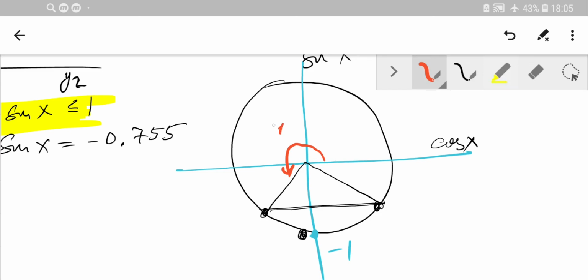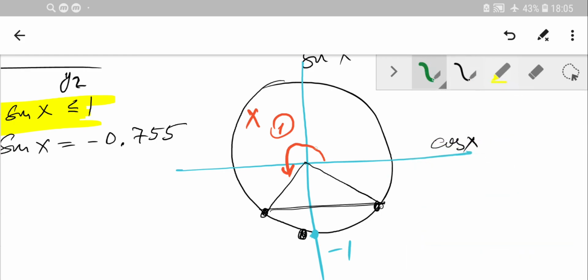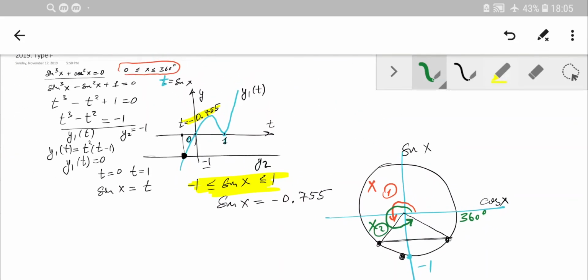This is the first value for x. The second value I marked in green, and the second angle is here. That's okay because it's still within 360 degrees, so that's the second solution. So x1 and x2: we have two solutions.